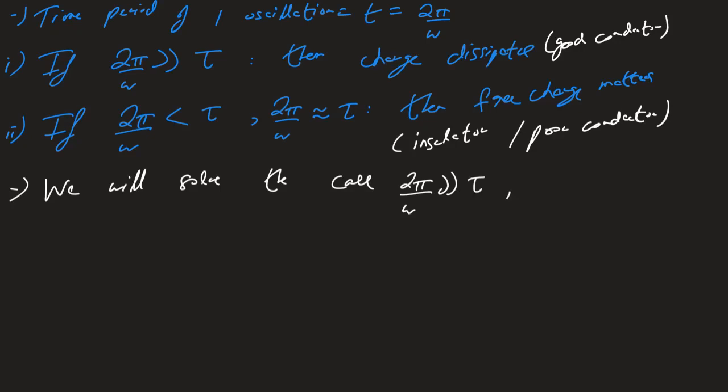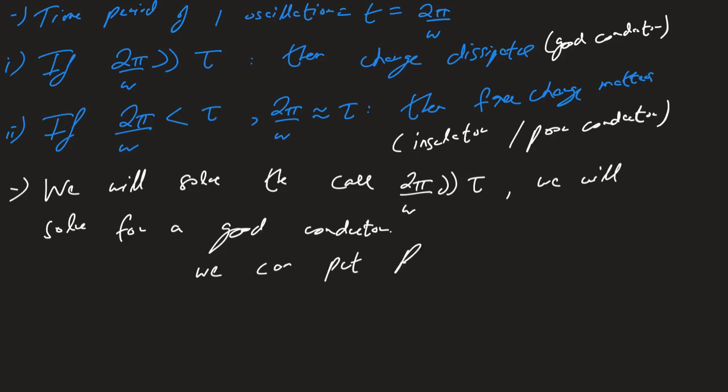So basically we will solve for a good conductor. Okay, we'll solve for a good conductor, and in this approximation we can put rho f equal to 0, because any free charge automatically neutralizes.